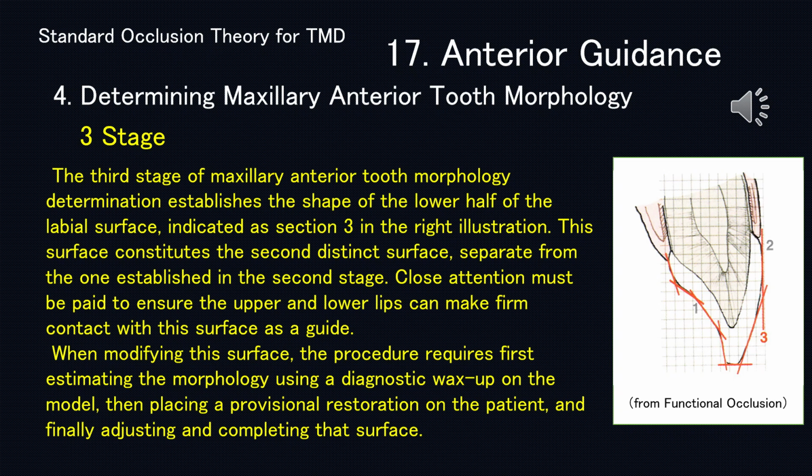Close attention must be paid to ensure the upper and lower lips can make firm contact with this surface as a guide. When modifying this surface, the procedure requires first estimating the morphology using a diagnostic wax-up on the model, then placing a provisional restoration on the patient, and finally adjusting and completing that surface.